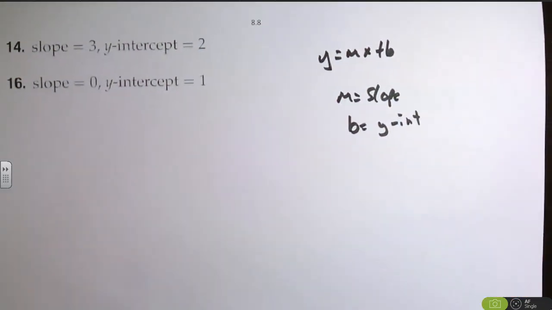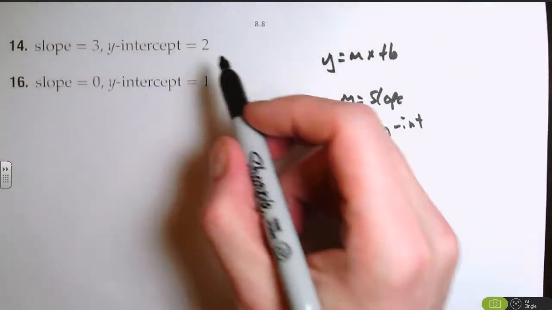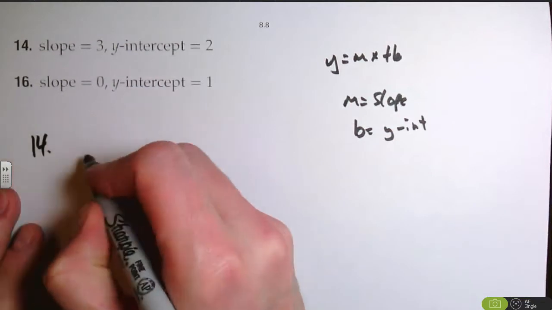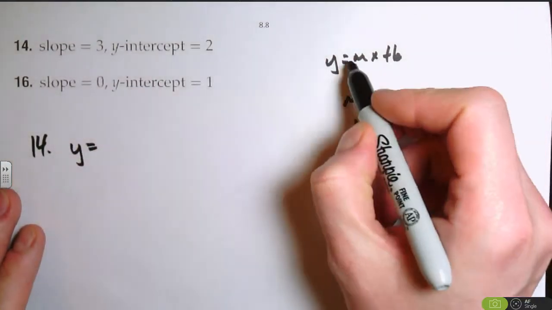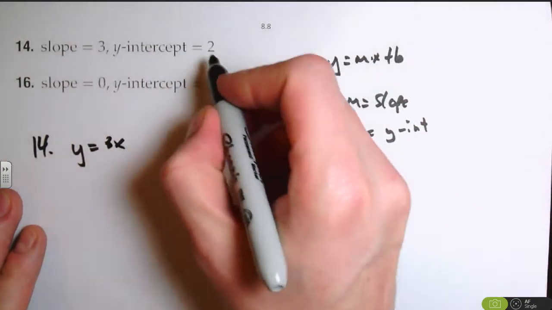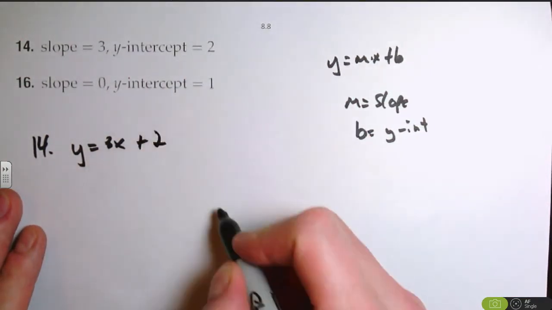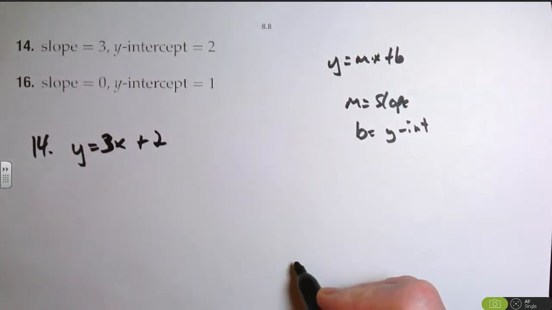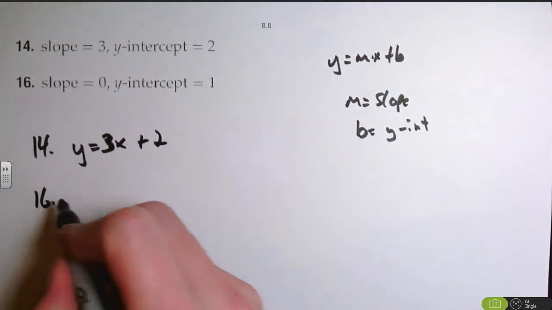Okay, so the first one is just they flat out give us the slope and the y-intercept. So for number 14, y equals the slope times x, so it's 3 times x, plus whatever the y-intercept is. Well, the y-intercept is 2, so y equals simply 3x plus 2. For 16, same exact process.